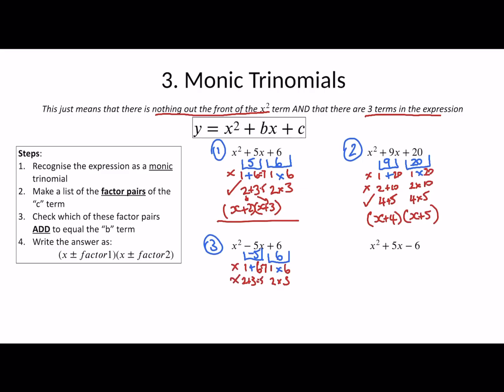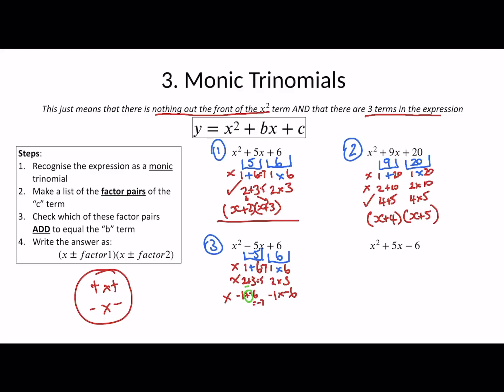Okay, so how are we going to do this? Now we need to multiply together to equal a positive 6, don't we? So you can do a positive times a positive, or you can do a negative times a negative. So let's try negatives. Negative 1 times negative 6 is positive 6. Negative 1 plus negative 6, so that plus negative in the middle turns into a minus. So negative 1 minus 6 is negative 7, not negative 5.